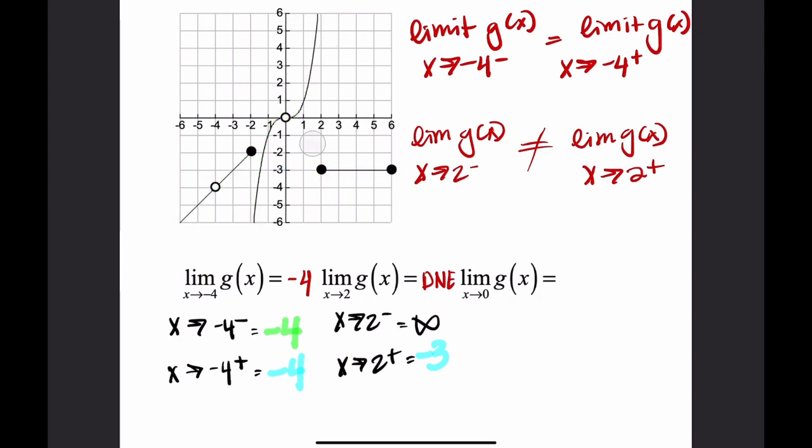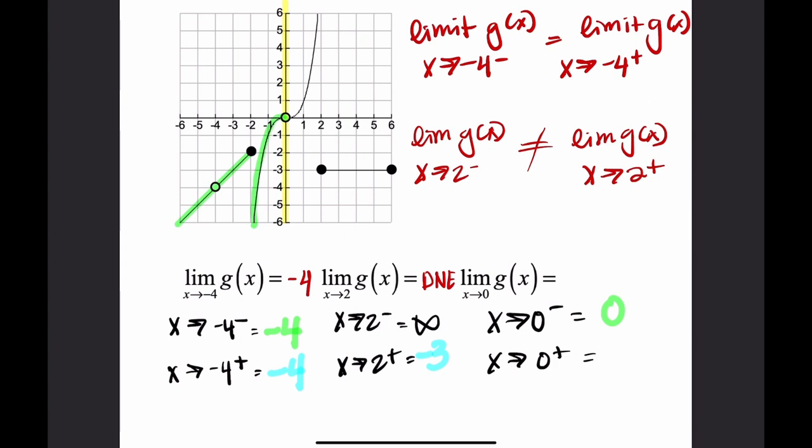And I'm going to be observing this limit as x approaches 0. So looking at 0, I'm going to be looking at what is my limit as I approach this 0 from the left and as I approach 0 from the right side. So when I'm approaching 0 from the left, I'm getting really close to the y value of 0.